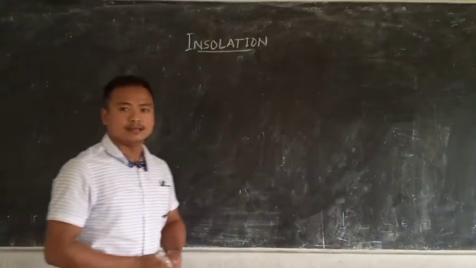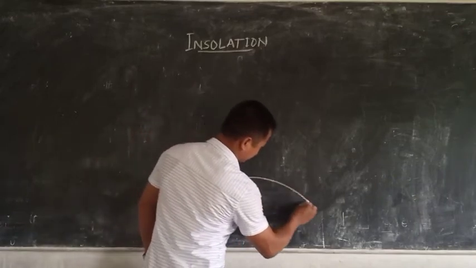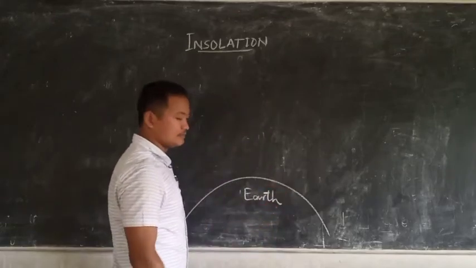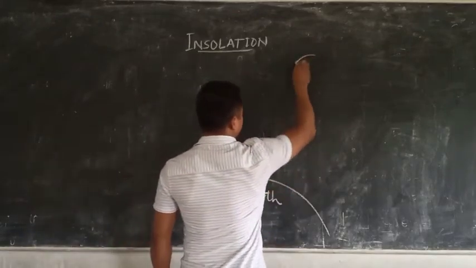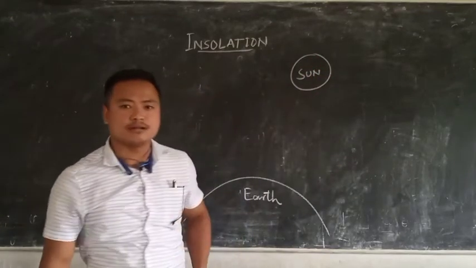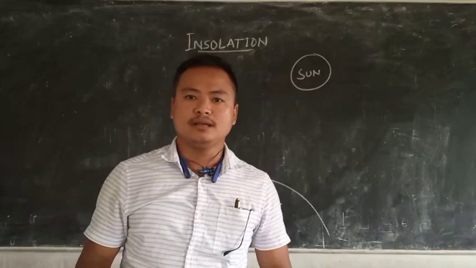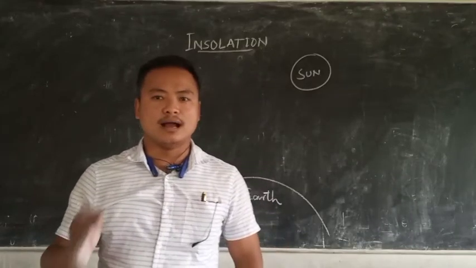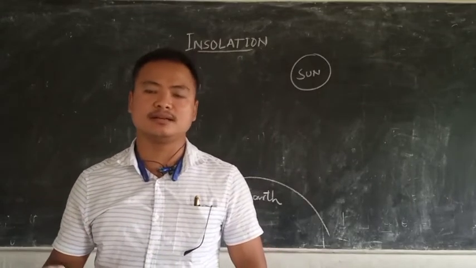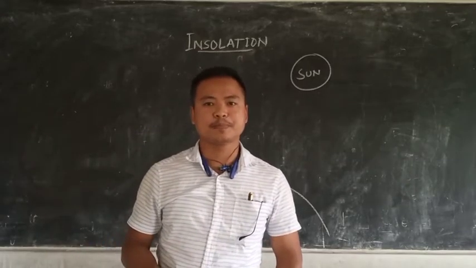In this, let us try to understand with the help of this diagram. See, this is our Earth and this is the Sun. We are almost 150 million kilometers away from the Sun. That means we are at an optimum distance from the Sun, being placed at the third position with respect to the distance from the Sun.